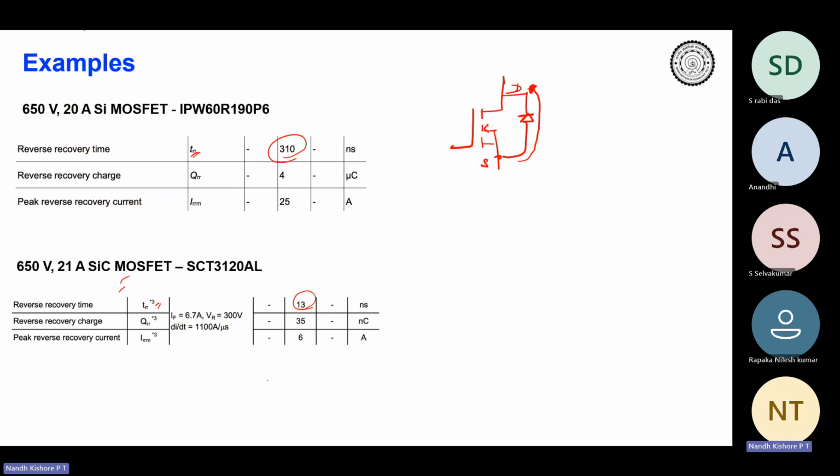Okay, so you see over here it's 4 microcoulomb, that is 4000 nanocoulomb, whereas this is only 35 nanocoulombs, way lesser. For the same voltage rating and current rating, 650 volt 21 amperes, 650 volt 20 amperes. So this is the advantage you get with WBG devices, wide band gap devices.